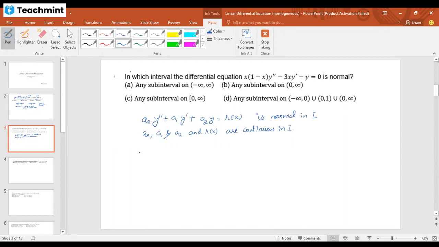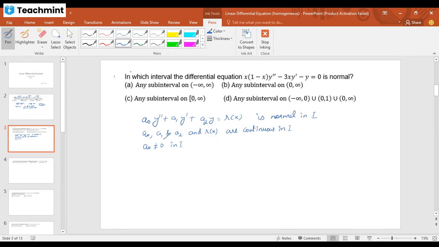And the second condition is that leading coefficient should not be equal to 0 in interval I. So if there exist some values of x for which all these functions are continuous and your leading coefficient is not equal to 0, that particular values of x or that interval for which the given differential equation is normal, or we can say that there exists a unique solution of this differential equation in that interval.